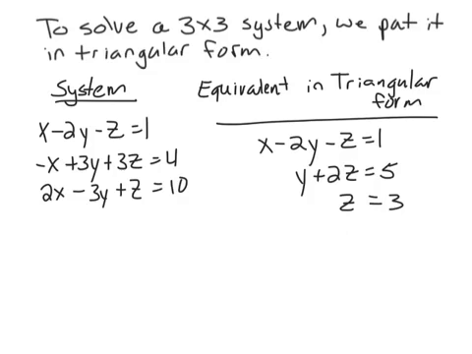So think about how you could use back substitution once I have one of the variables to find the other 2. You take z, and you substitute it in here, and find y, and then you substitute both of them into the first one to find x. So this is an organized way of solving a system of 3 by 3 equations.